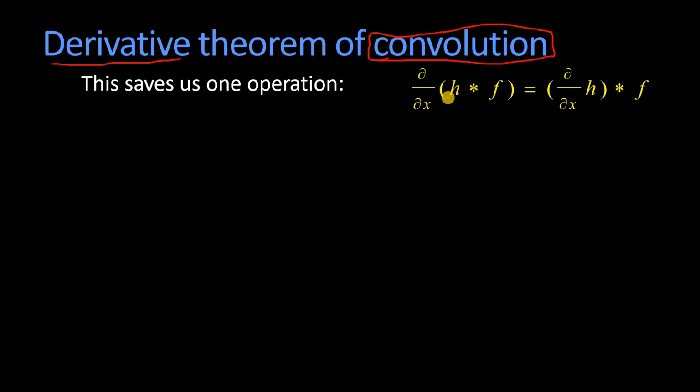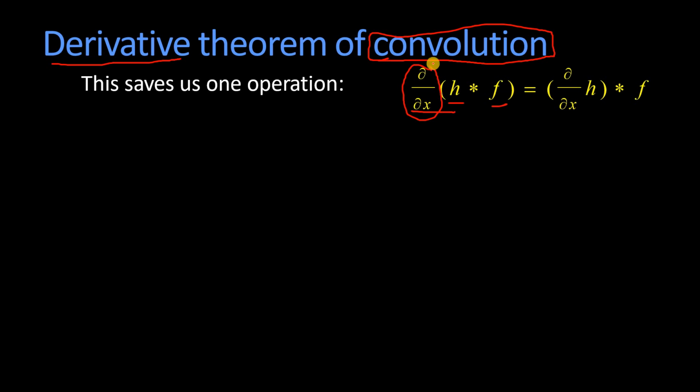It says that if I apply the partial derivative on some signal h, and then there is the correlation or convolution with f, this is the same as the derivative applied to one of them. You can apply it on either f or h, and the result will be the same.